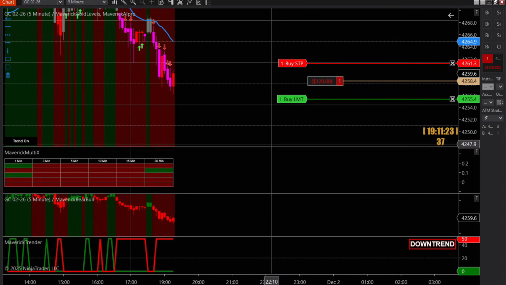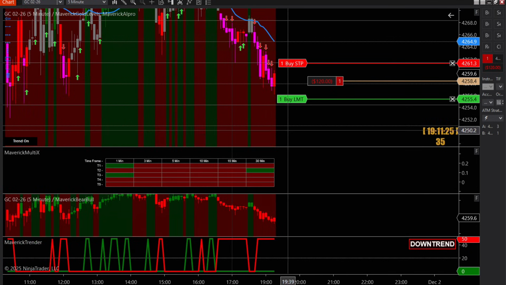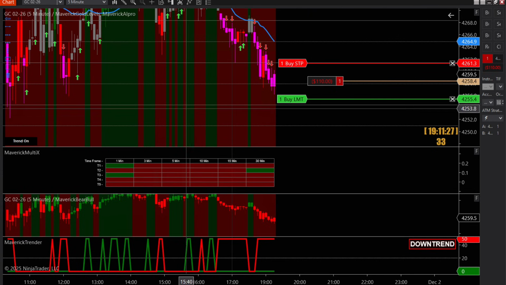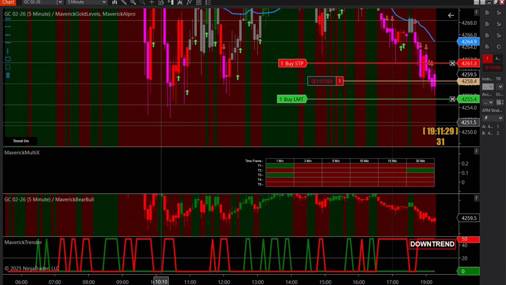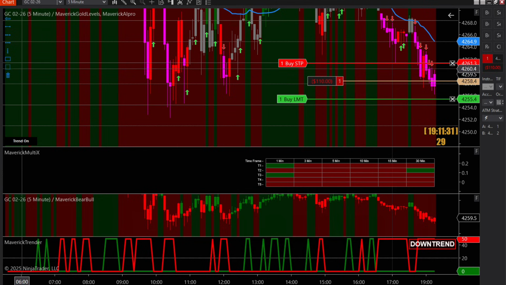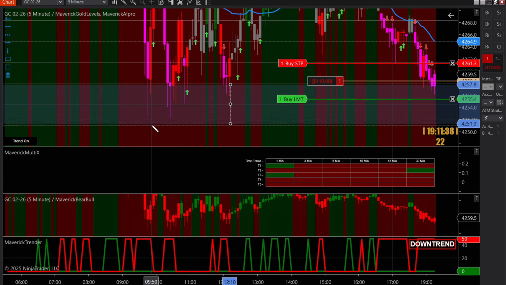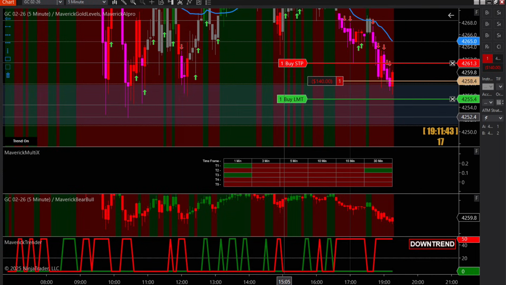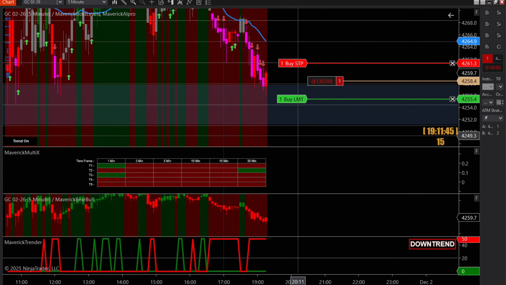We've been on this downtrend. And really, if we were a little lower, I'd probably take a bounce down here. That's your bouncy area right there.